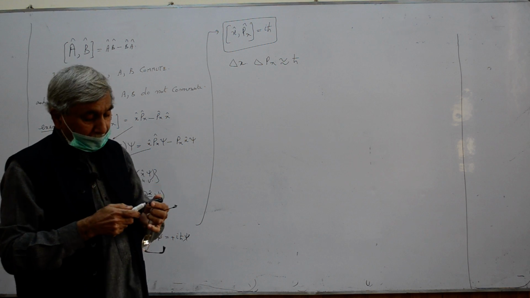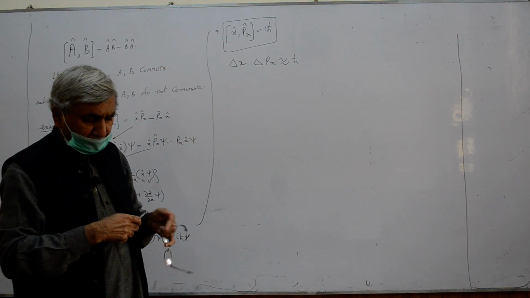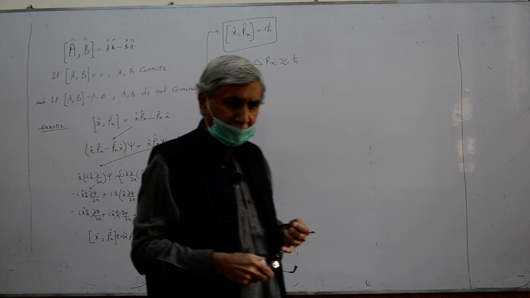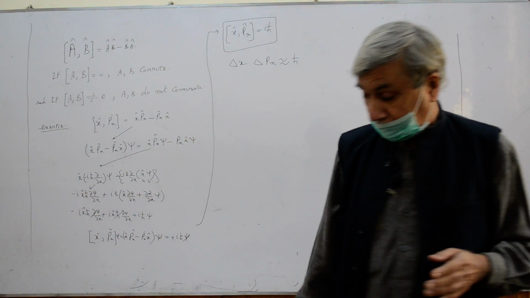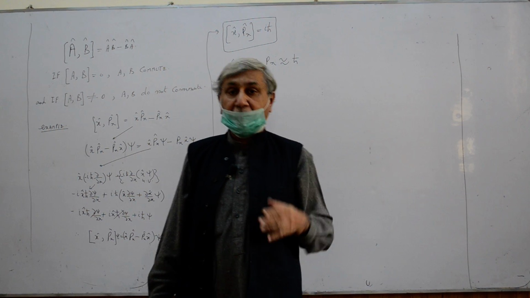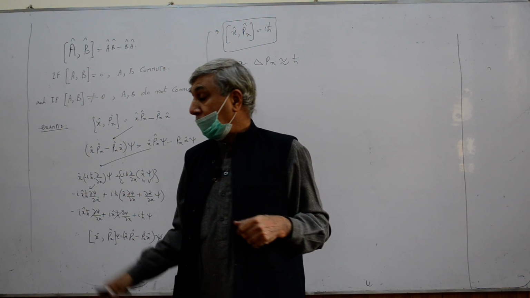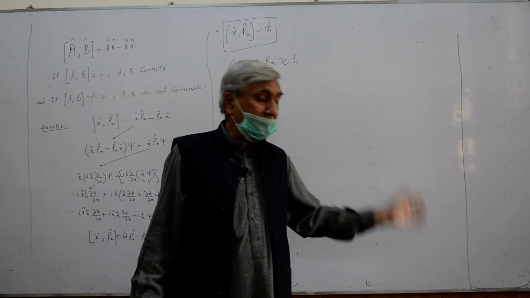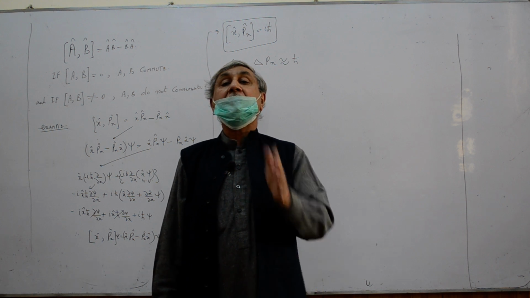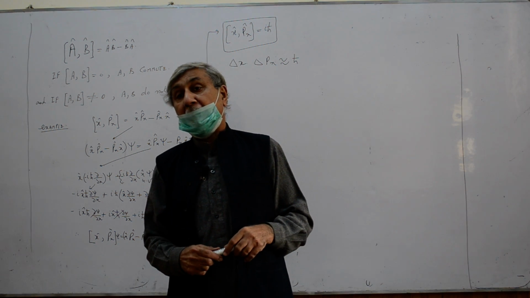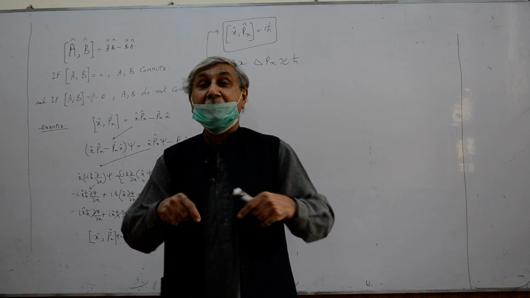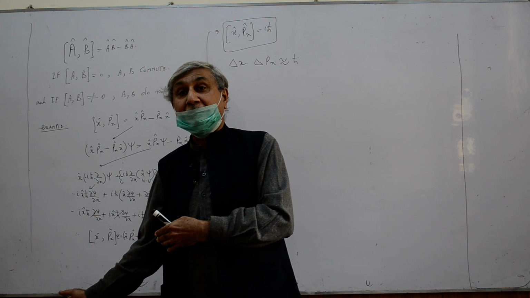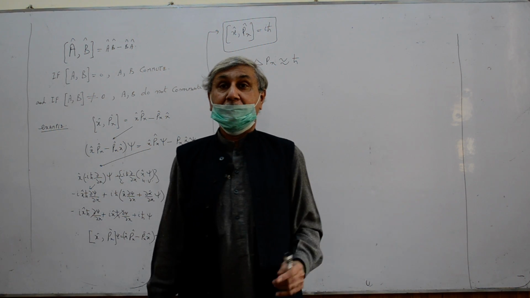From everyday life, I can give you an example. If I am standing here, a person is there, and I am looking like that, and somebody asks me, simultaneously, at the same time, who is on your left and who is on your right.